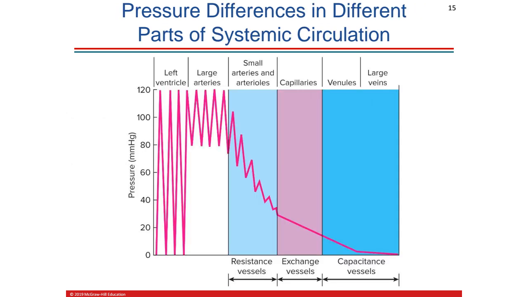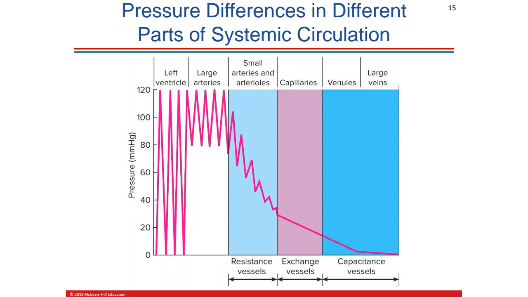This figure shows the pressure differences as we go through the circulatory system, starting at the left ventricle to large arteries and so forth. Notice that, first of all, the pulse pressure, which can be seen in the large arteries, essentially dissipates by the time we get to smaller arteries and arterioles. So this is important because we really don't want pulsations of blood pressure by the time we get to organs.